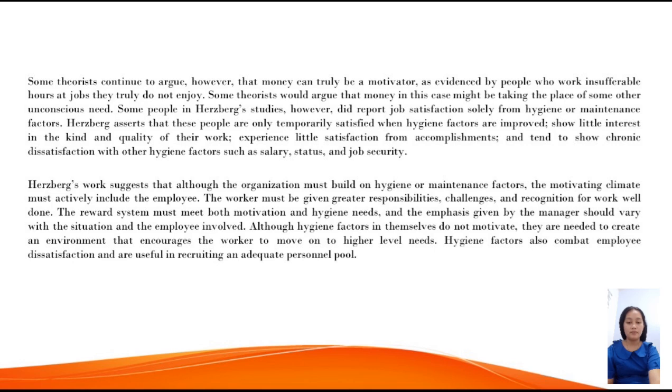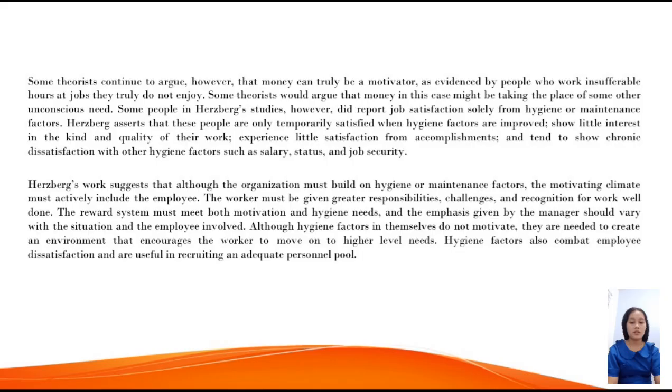Some theorists continue to argue, however, that money can truly be a motivator, as evidenced by people who work insufferable hours at jobs they truly do not enjoy. Some theories would argue that money in this case might be taking the place of some other unconscious need.